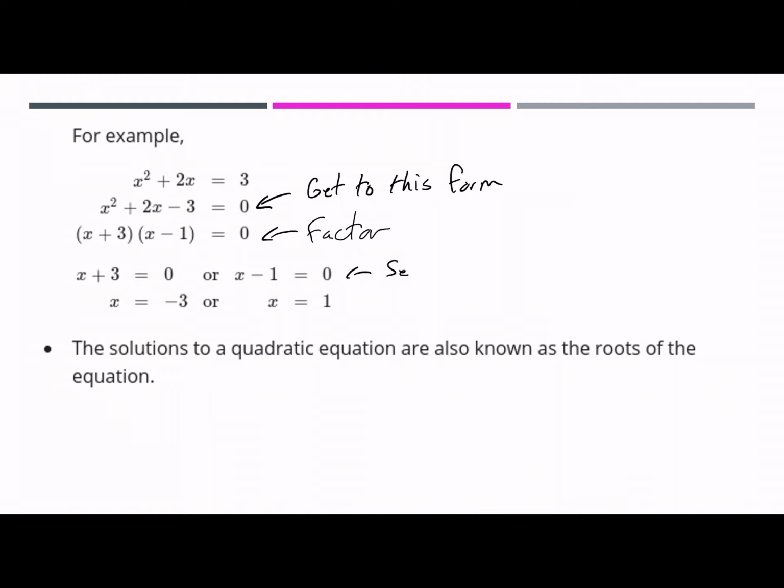Then we want to set each to 0 and solve. Those are kind of the 4 steps. The solutions to the quadratic equations are also known as the roots of the equation. So we're going to use the term roots. It means solve for x.